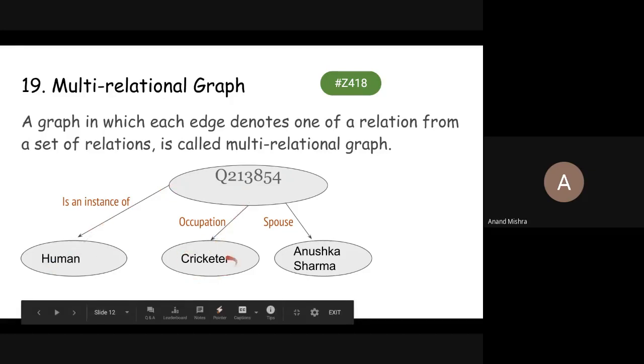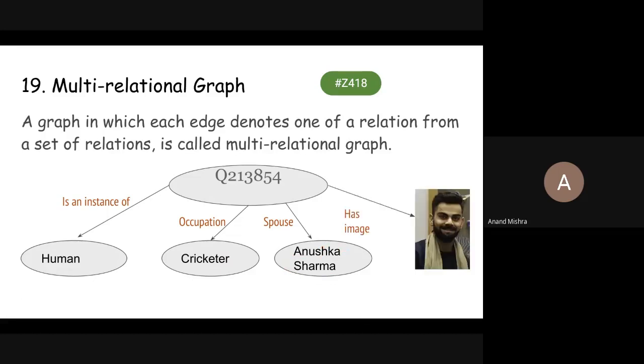His occupation is cricketer, and Anushka Sharma is his spouse, and I am sure you might have guessed who he is, and he has an image like this, right? So Virat Kohli. So this type of graph has edges which have some labels, right? It has an image like this, and these are labels. Right. So you can have more edges, like he is born in India and he is a citizen of India and so on. So this is a multi-relational graph.